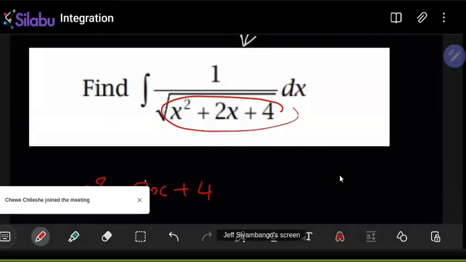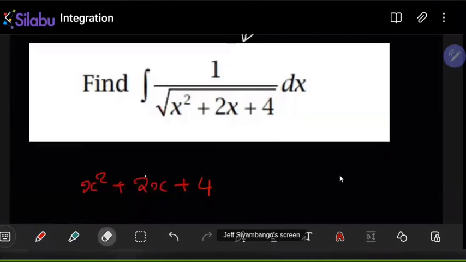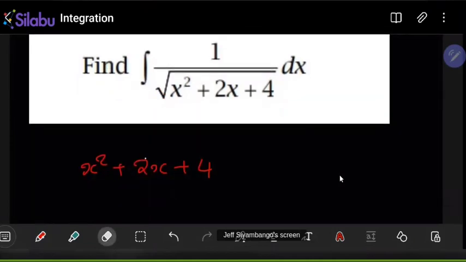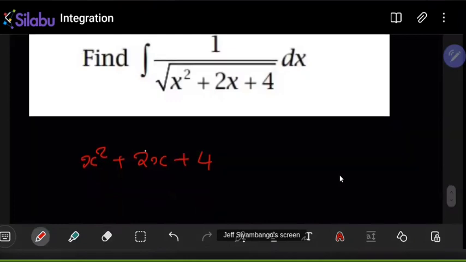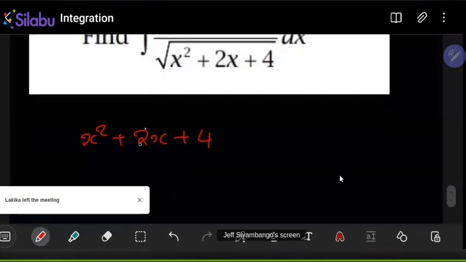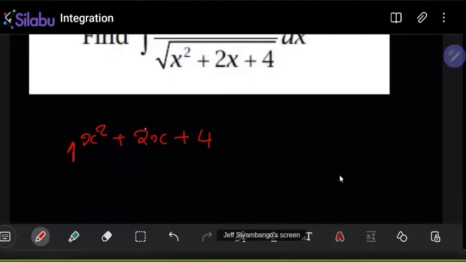Okay, so what is happening here? If I get the argument here and try to complete the square, look at what happens. You guys know how we complete the square. You want to make sure that the coefficient of the x squared term here is 1. Once that is guaranteed, you want to focus on the coefficient of the x term.